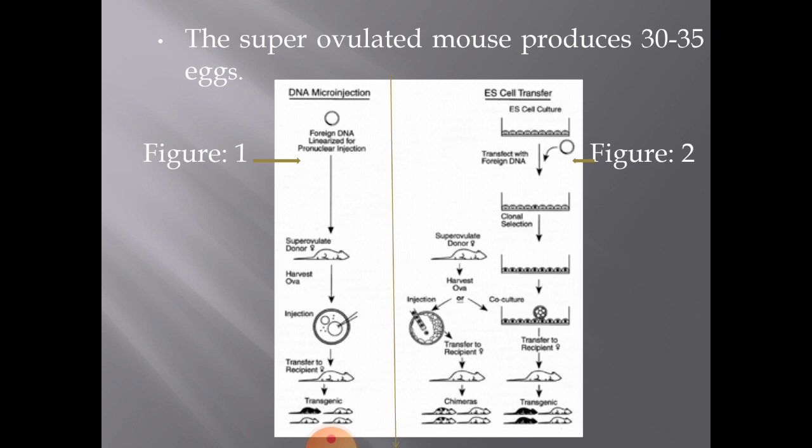You can see the fertilized egg here in diagram 1 in the third step. Now for this fertilized egg, you will use the microinjection technique, where you will have a microinjection needle and a holding pipette. The DNA of your choice is introduced into the male pronucleus.